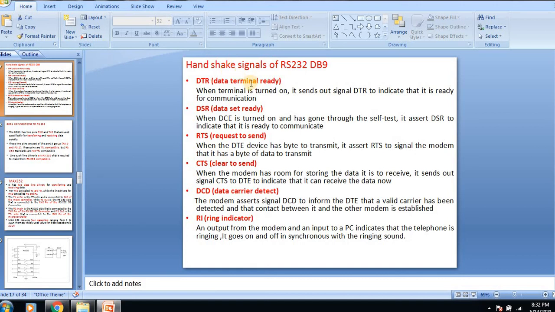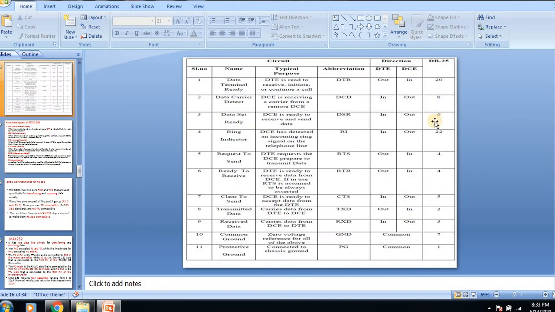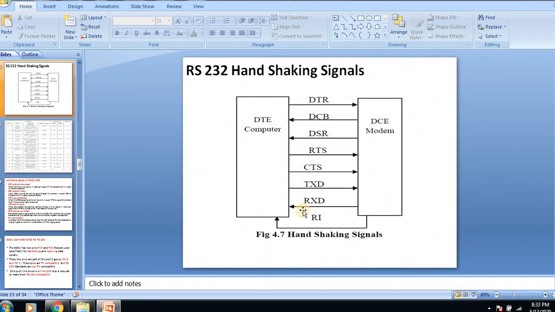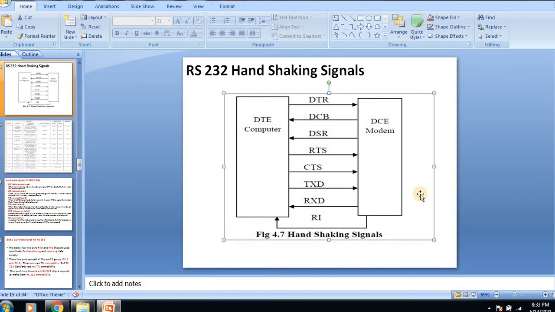When the computer is turned on and goes through the self test, it sends out the signal DTR to indicate that it is ready for communication. So the DTE will send out this signal to the DCE, as we have seen here, DTR, that is data terminal ready.